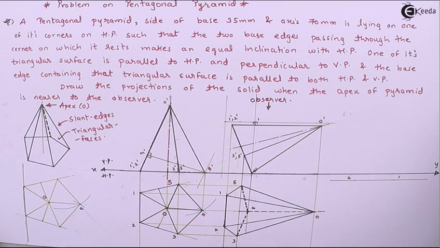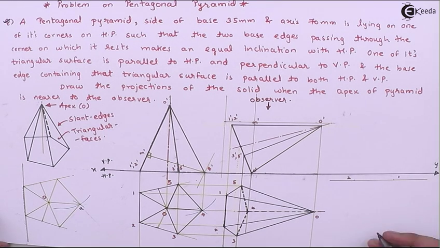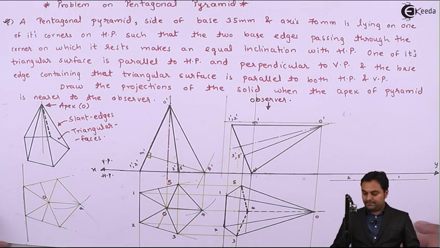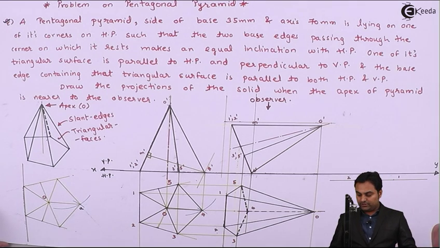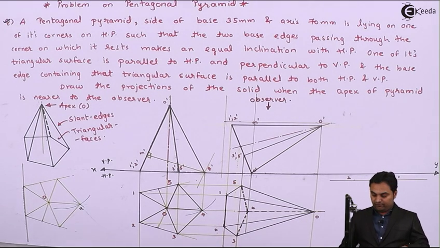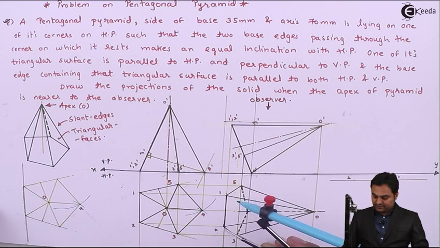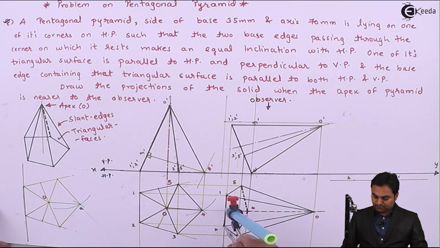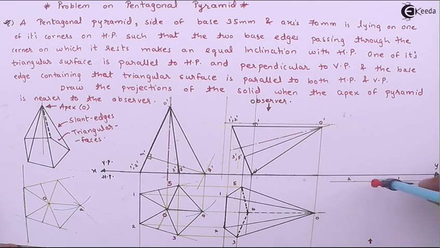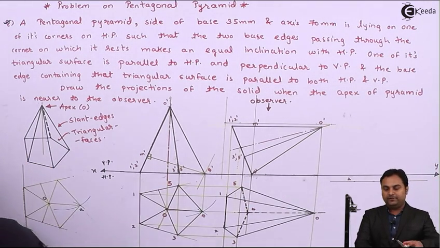Now since observer in the top view is fixed, observer is here, so we have to make the apex come in contact at this location. Now I'll take half of 1 to 2, that is the midpoint of this line, then drawing a perpendicular line through it.